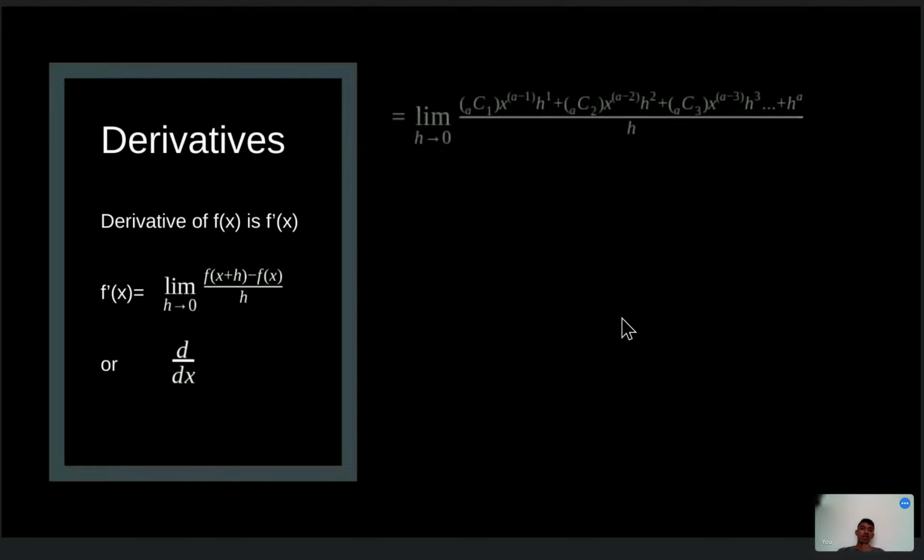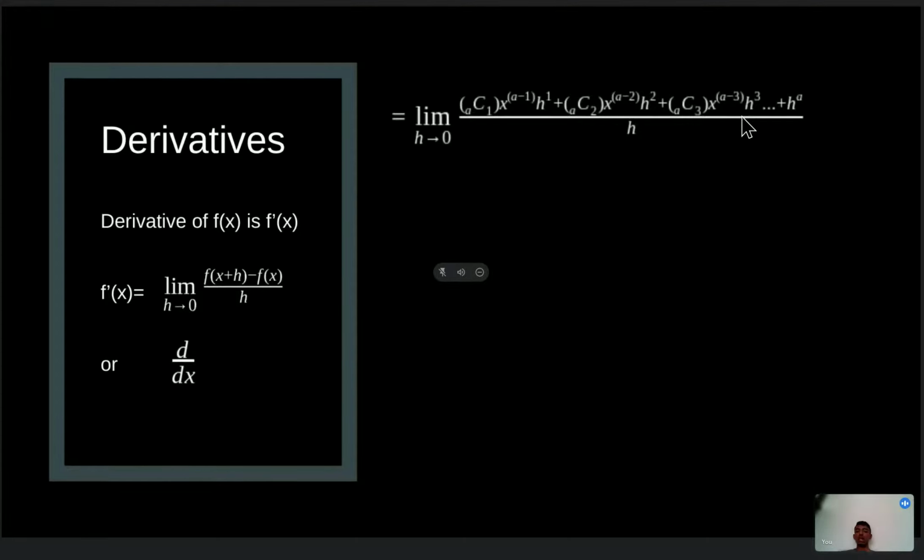Okay. Next we cancel out the x to the power of a, because in this case they are redundant. Also, you cannot divide them by h, which means we can't actually do anything with them at that time. Now we should notice that all of them have h to the power of something, which means we can cancel out h on the bottom and h from each of these terms above.